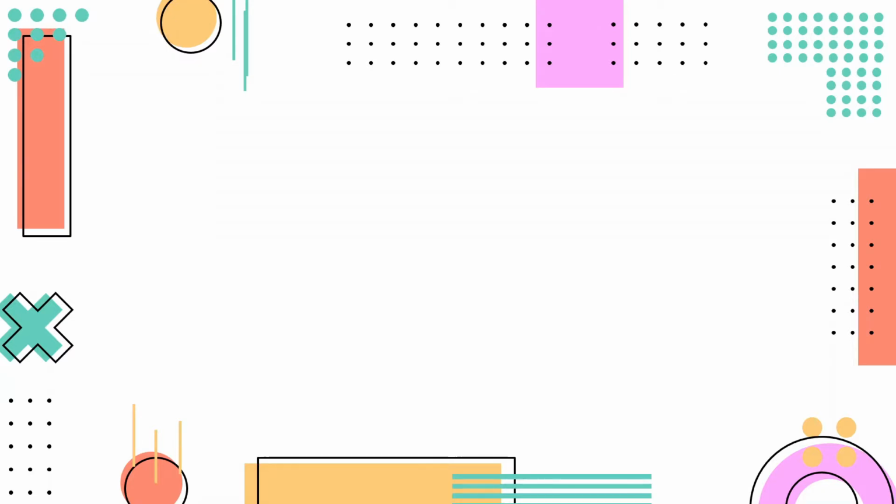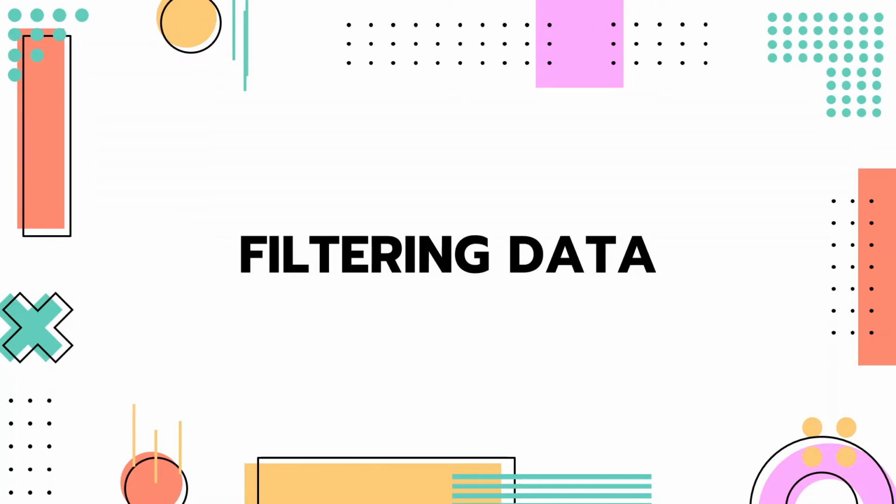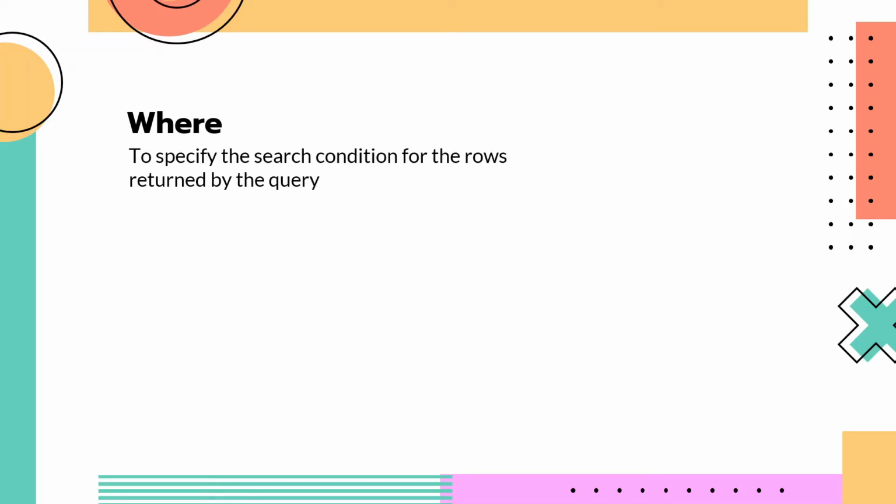Next, we are going to discuss several syntaxes used for filtering data. First is the where clause. The where clause allows us to specify the search condition for the rows returned by the query.